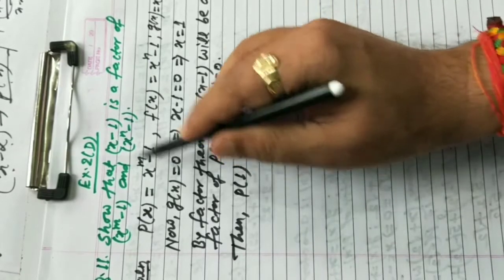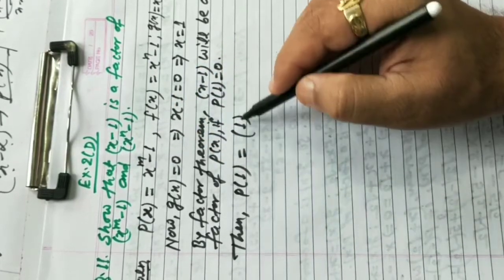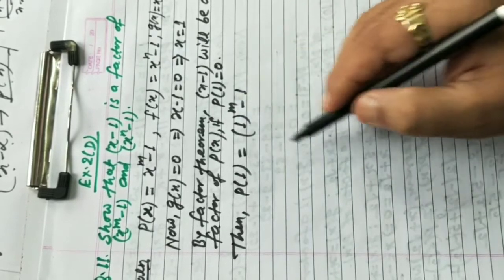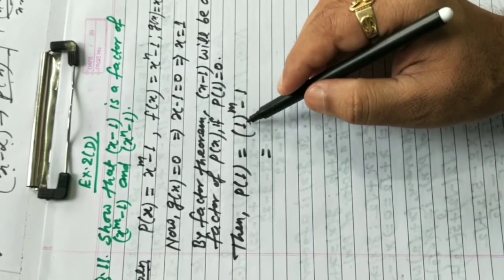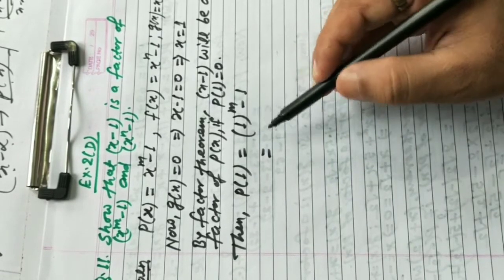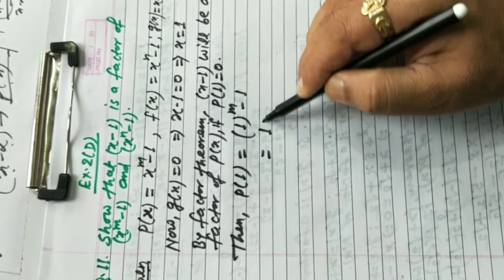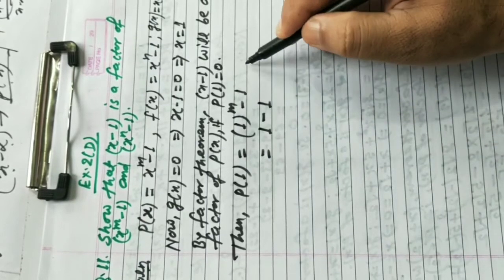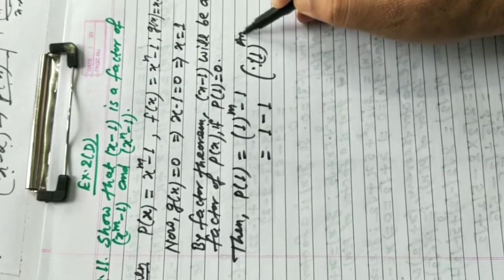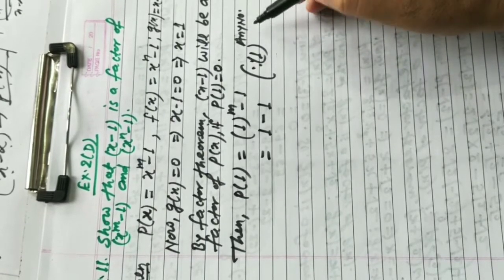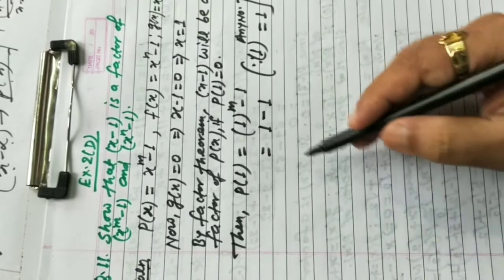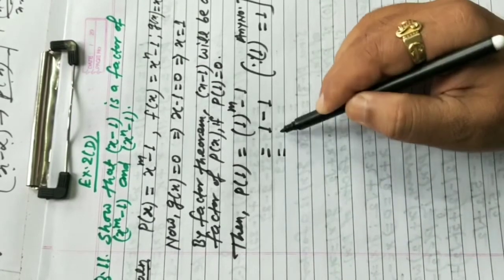So x^m is there, so you have to write 1 raised to the power m − 1, and we know that 1 raised to any power is equal to 1 itself, so 1 − 1, and so its value is 0.